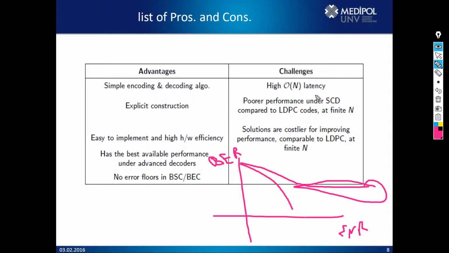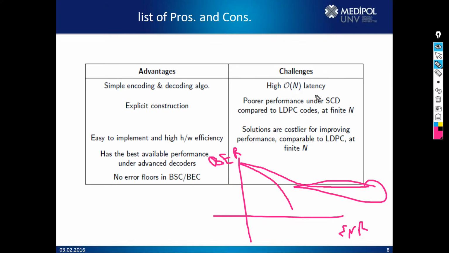So to beat LDPC codes, you need to use sophisticated decoders like the ones that LDPC codes use. So there are solutions, but these solutions always come at a certain price in terms of complexity and latency. So these are the important points.